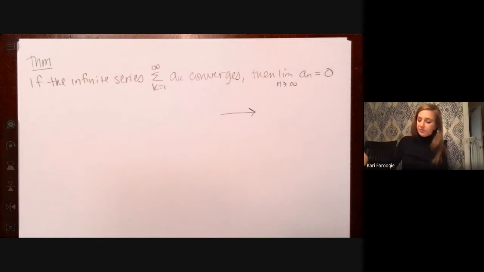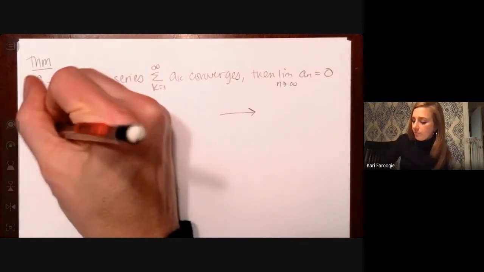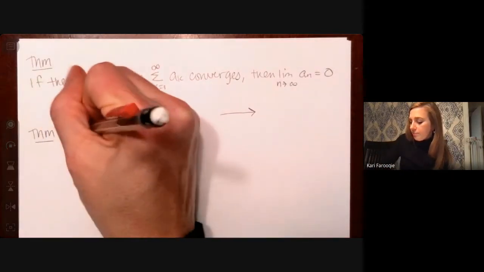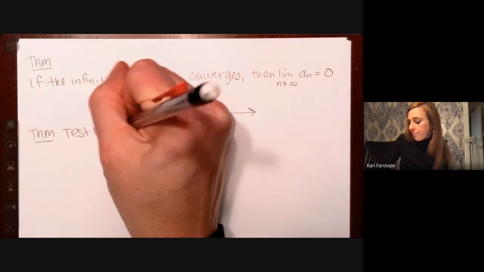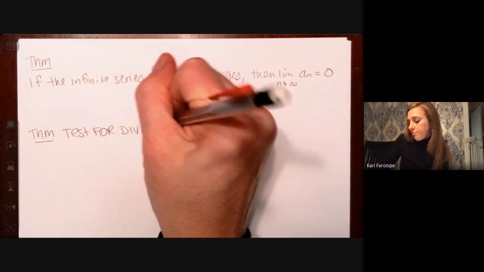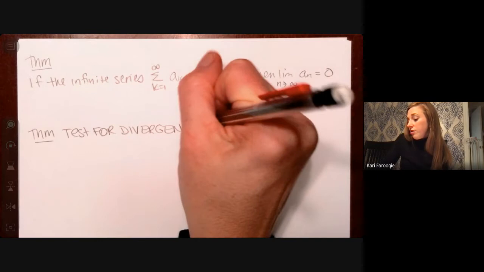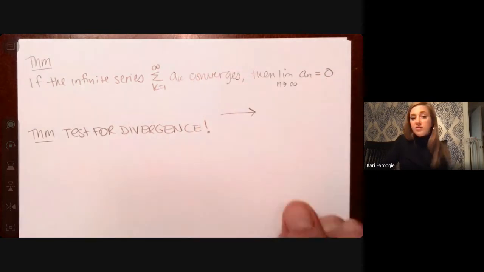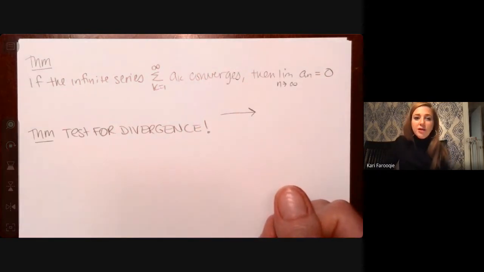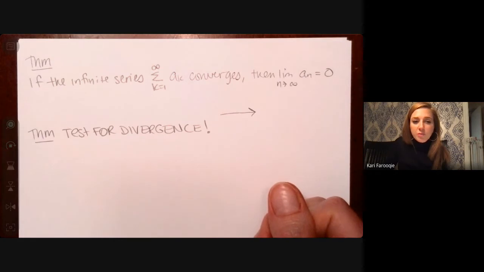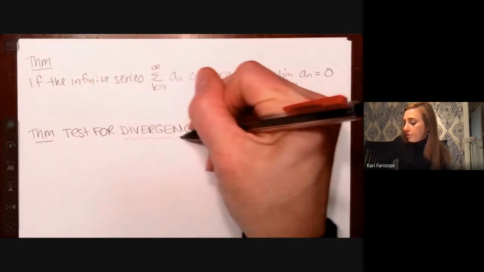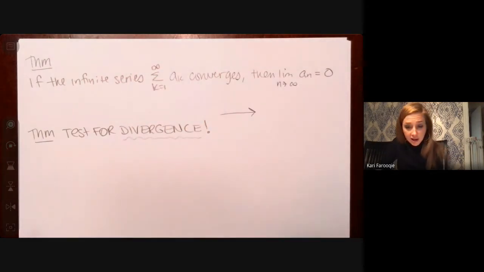Theorem, test for divergence. I'm even putting it in all caps. You see, I'm starting to do crazy things like that. I even put an exclamation point on it. Test for divergence, because I want to make sure that we understand this is not a test that tells you whether or not your series converges. It's a test to tell you whether or not your series diverges.